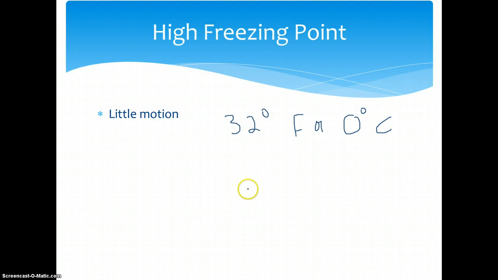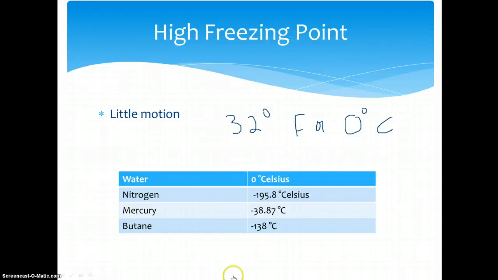Compared to other liquids, the freezing point of water is very low. If I can bring out a picture right here, a chart, we can compare some of the different freezing points of liquids. So here in the chart we can see that the freezing point of water is 0 degrees Celsius, while the freezing point of other liquids is way lower.